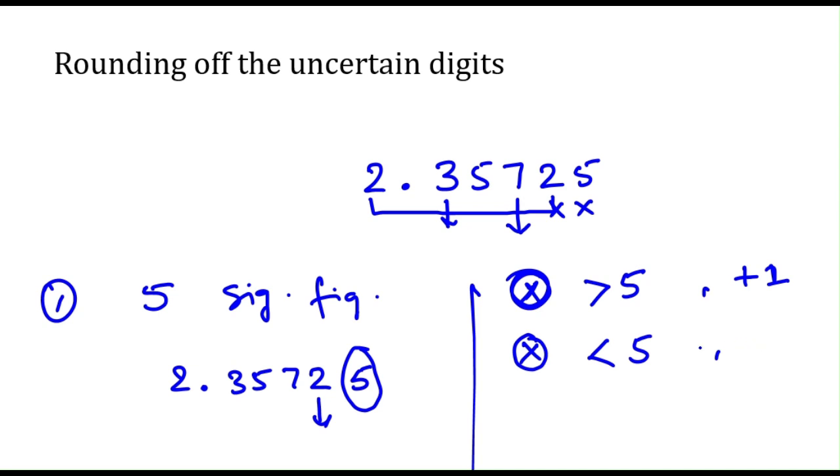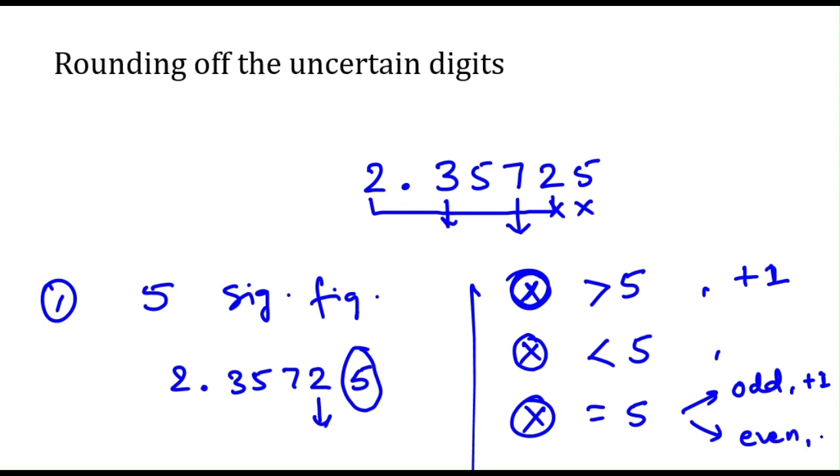We can simply drop that digit onwards. And if the chosen digit is equal to 5, then we have to observe the last digit which we are going to retain in the value. If that last digit is odd, then we have to add 1 to that digit, and if the last digit is even, then we need to do nothing. We can simply drop and keep the digit as it is.